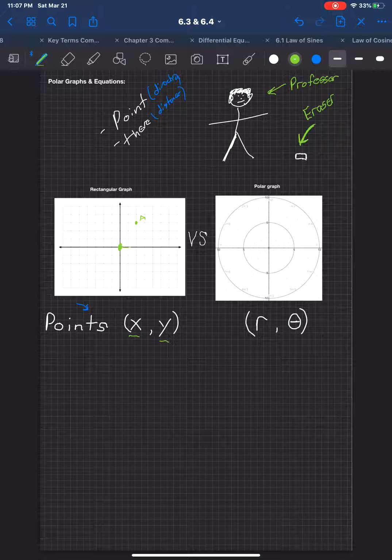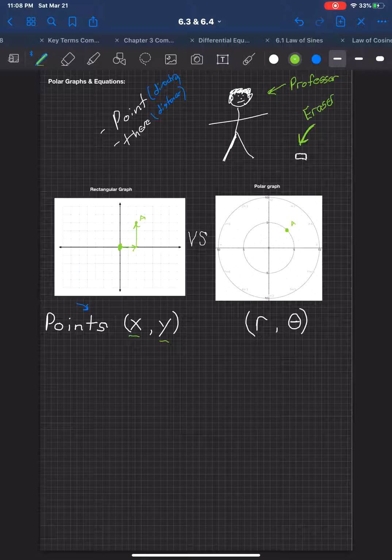Now, what about the idea of the polar coordinates? Let's say we'll call it a point A. And you want to be able to tell me how to get to point A. Well, yes, it is true.